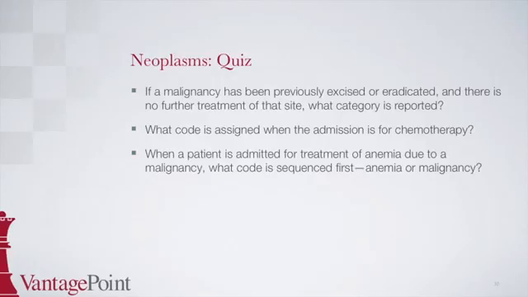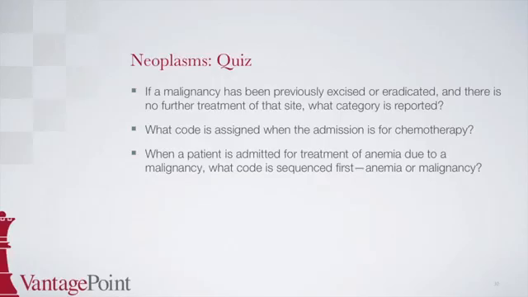The answer to our first question is Z85 for personal history of malignant neoplasm. To look this up, you would go to History in the alphabetic index, then look underneath for Personal, and then look for Malignant Neoplasm indented below this. The answer to the second question is Z51.11.